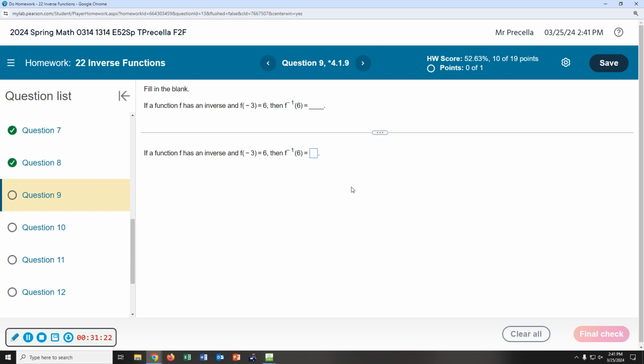So let's do number 9. Let me write it down. If f has an inverse, and f of -3 is equal to 6, then f inverse of 6 is equal to blank.